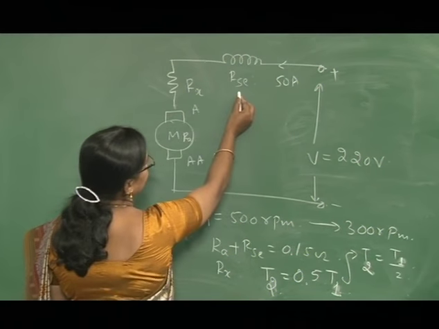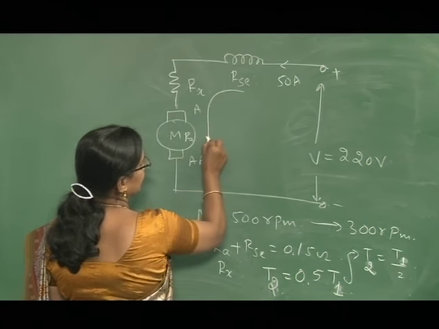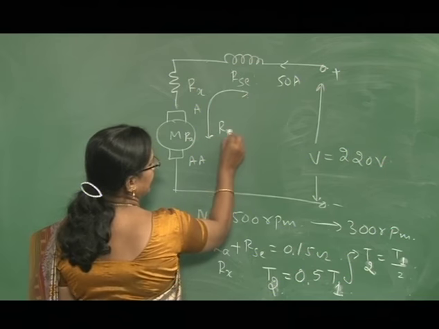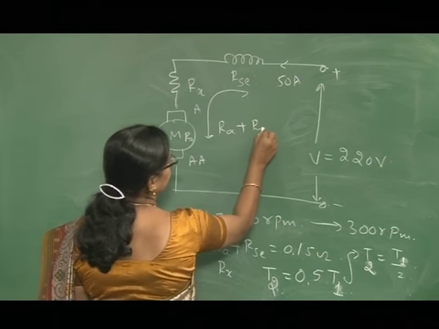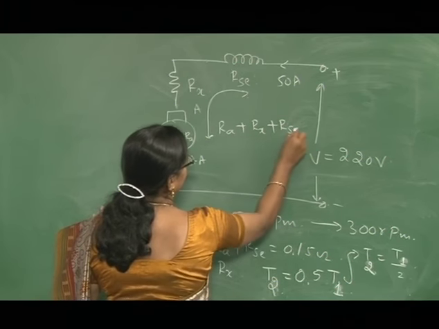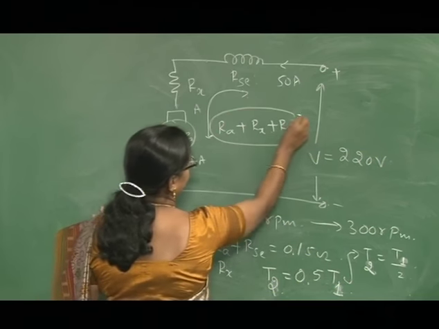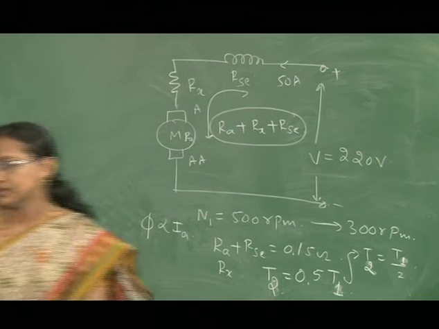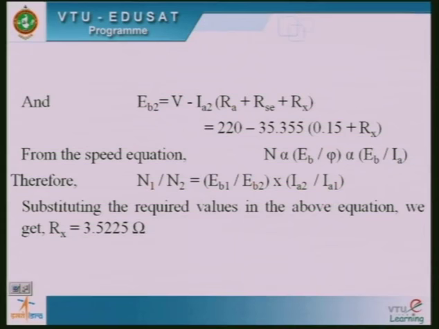So, now what has happened here? All the three resistors are in series, that is RA plus Rx plus RSC, all are in series. That is why the voltage drop across all the three resistors is multiplied with this current. So, now here you are going to get EB2 in terms of Rx.